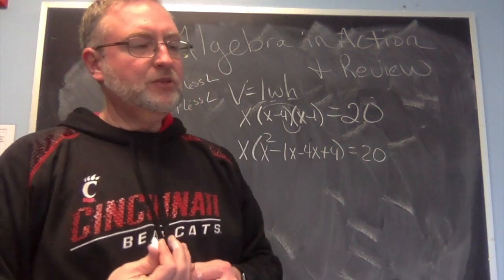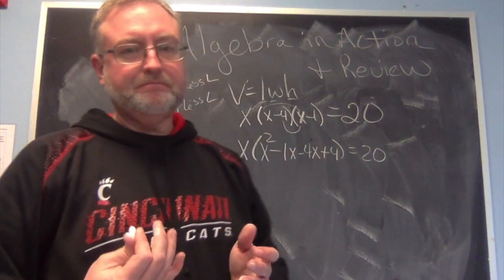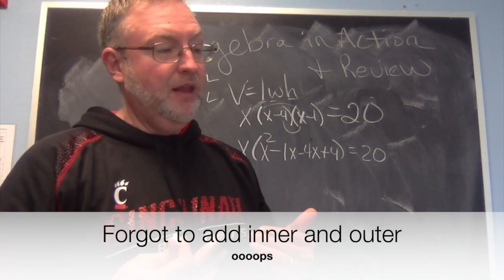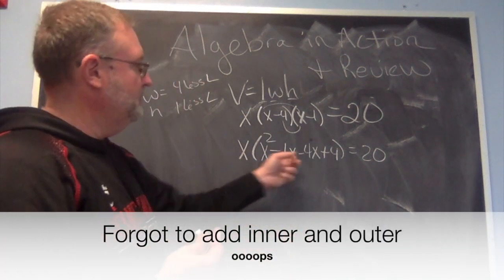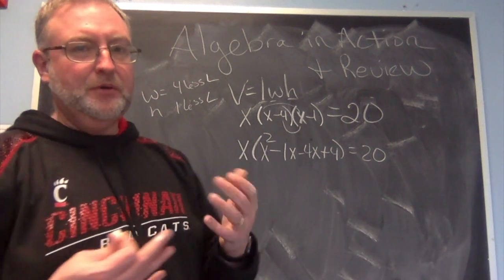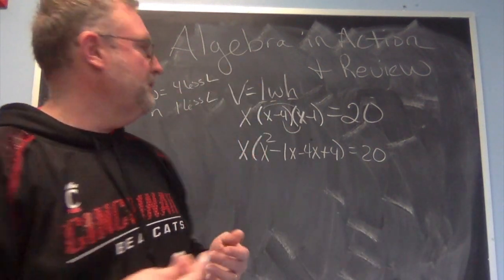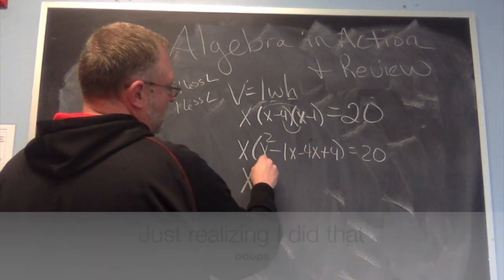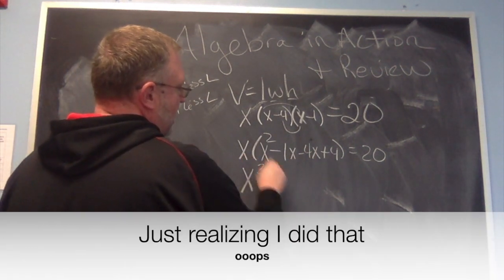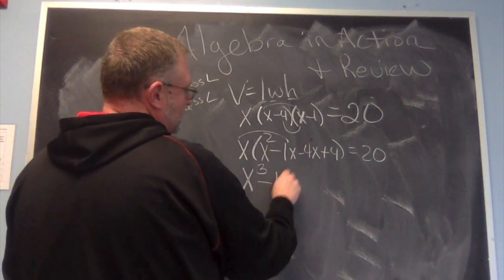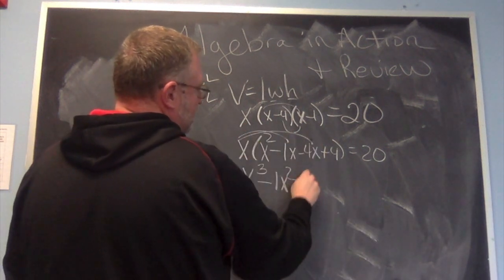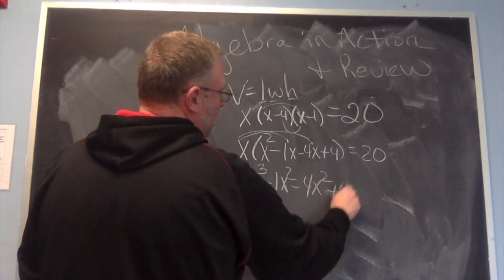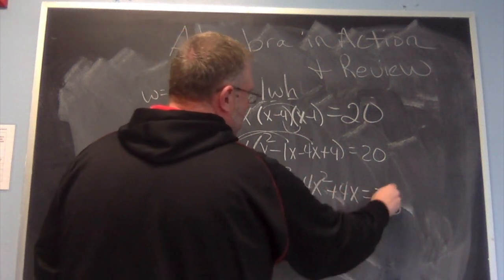All right, so I FOILed that, and now I'm going to multiply my x times each of these, because I want to get to that point where I have the 4 terms. So I have x cubed minus 1x squared minus 4x squared plus 4x equals 20.